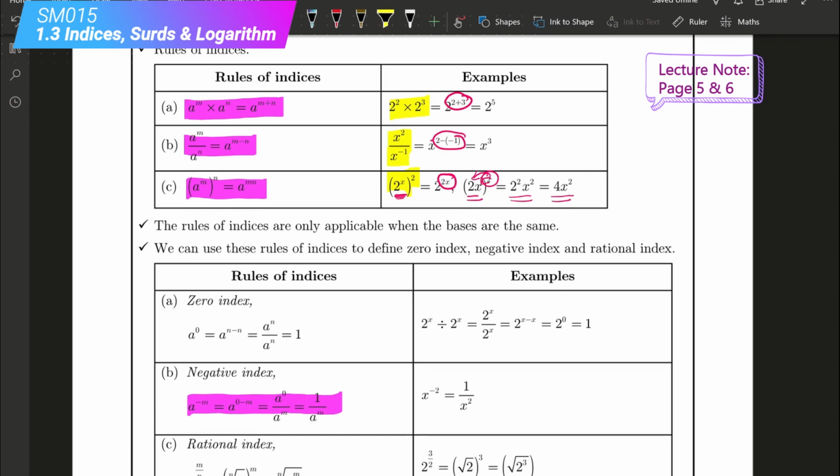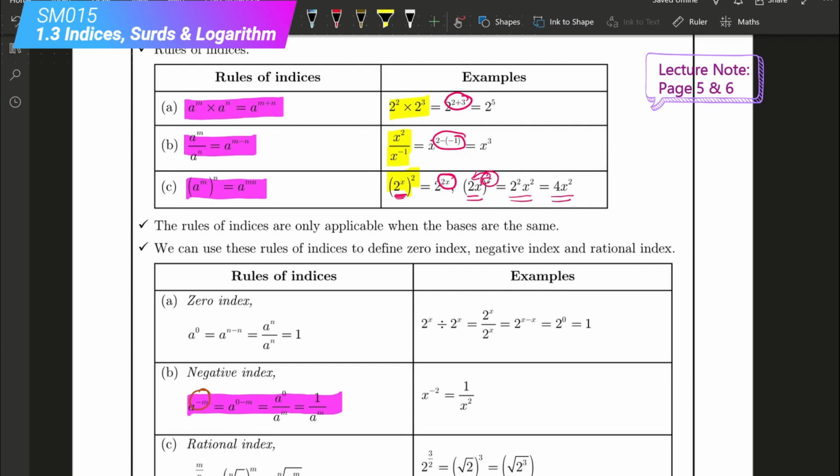Now we go to negative index. A negative index means the base must be moved to the denominator. Why? Because when there is a sign change, we need to cross the line. Here, negative m, right? So normally a to the power of m.